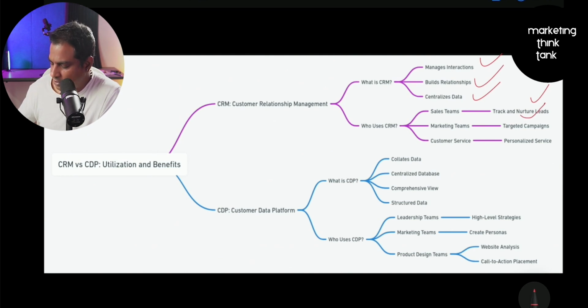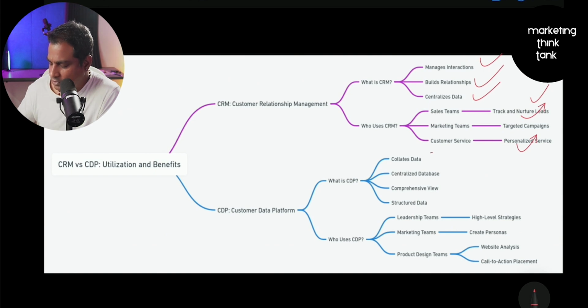Then you have targeted campaigns. Your marketing can run campaigns on certain segments based upon the stage they're in the buying cycle. Then you can offer customer services to your existing customers or contacts.